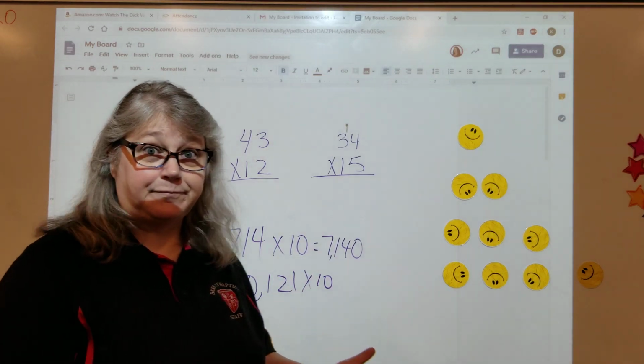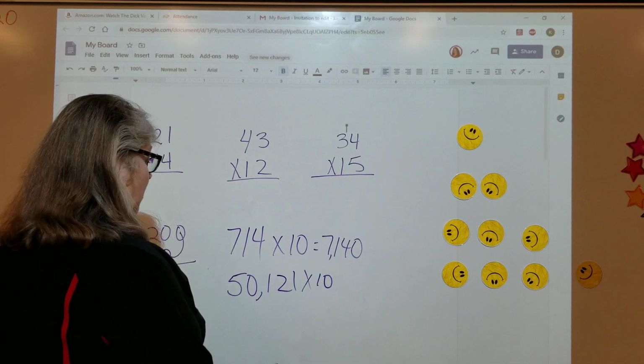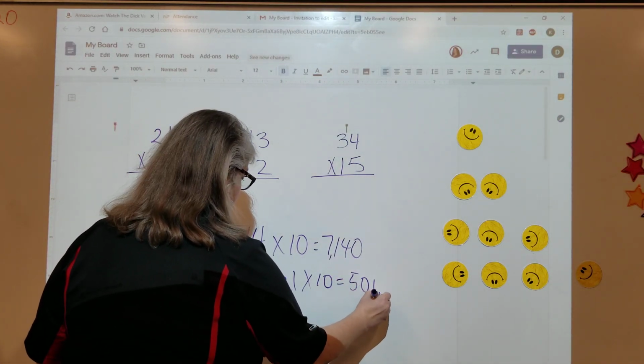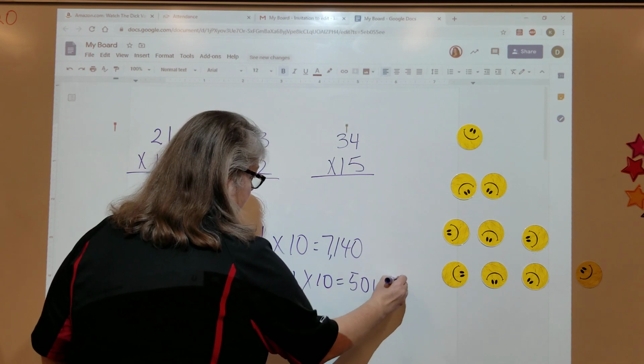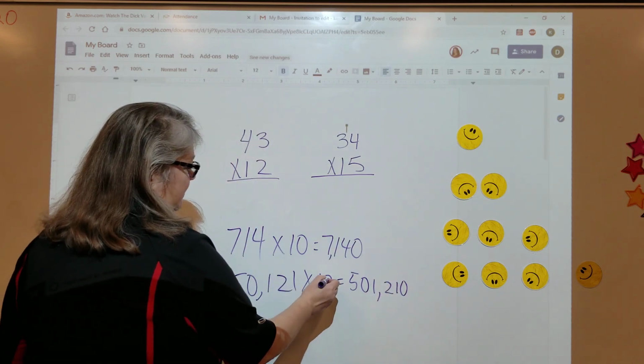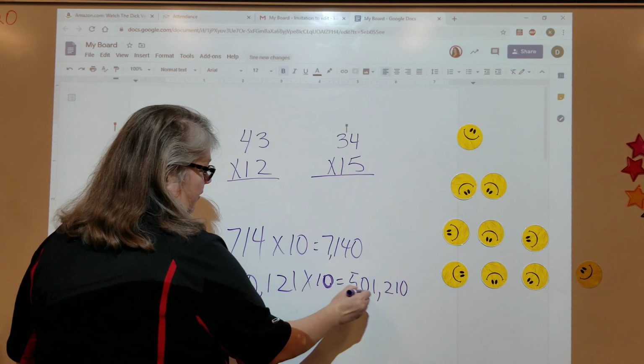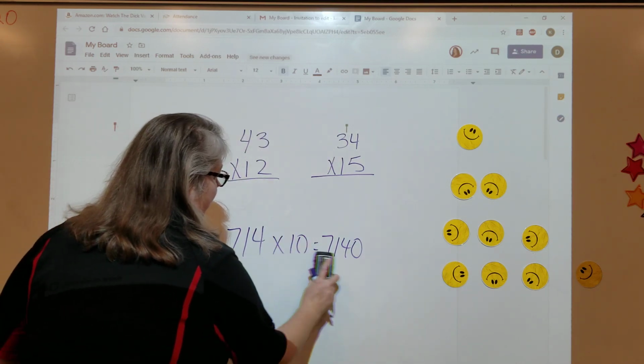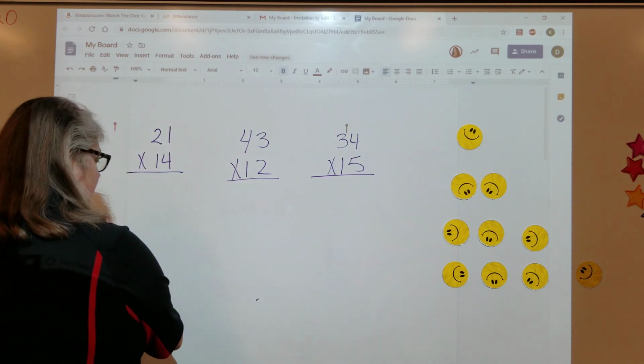What is that? Okay, if you said 501,210, you're right, because when you multiply by 10, all you have to do is add a 0 to the end, right?